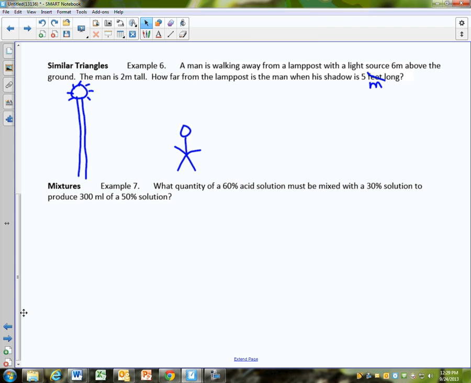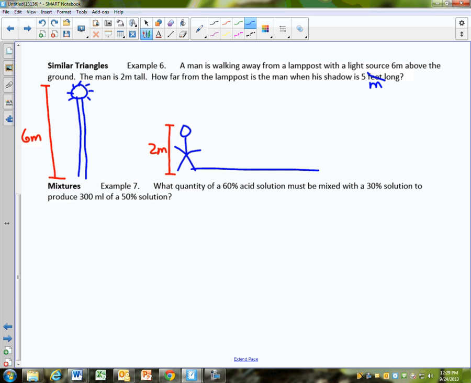I don't see anything wrong with my drawing. All right. So this is 6 meters. This is 2 meters. And then he's got a shadow that's 5 meters in length, right?